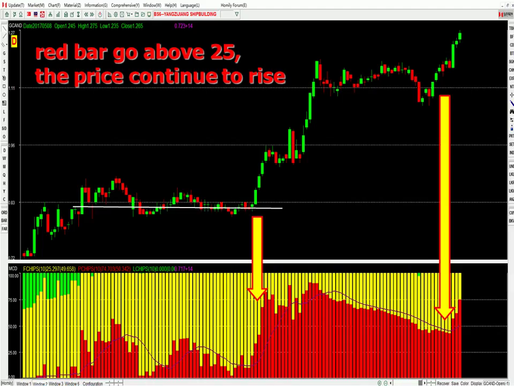Let's see this one. Red bar goes above 25. The price continues to rise. So we can see here, the red bar goes above 25, here or here. The price continues to rise. Go above 25. So here, go above 50 again for bank money fully control. Okay. So let's see some examples.